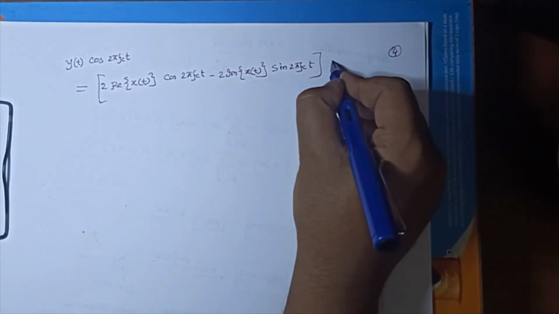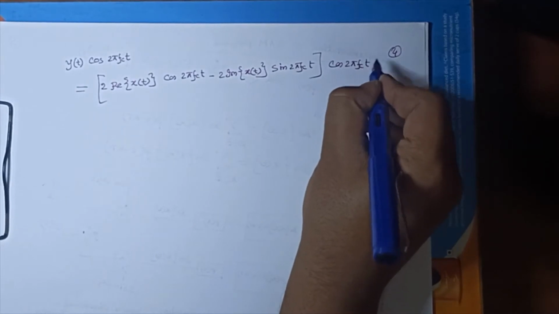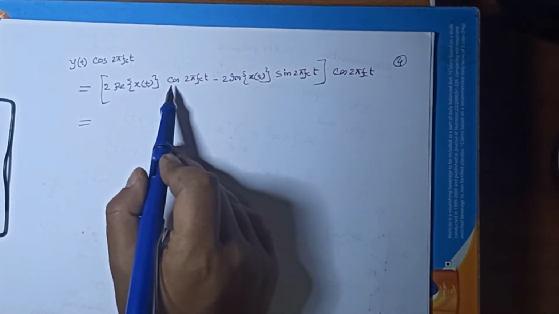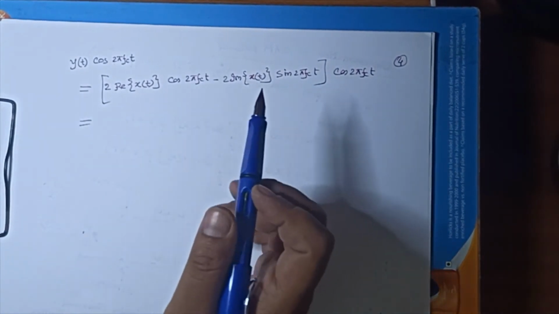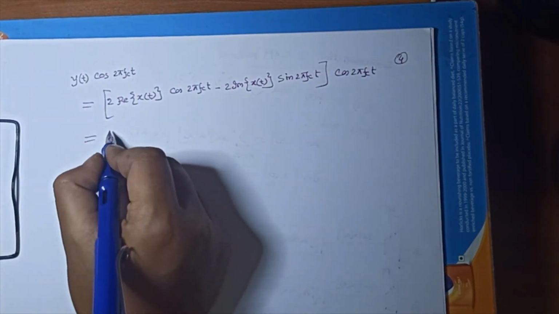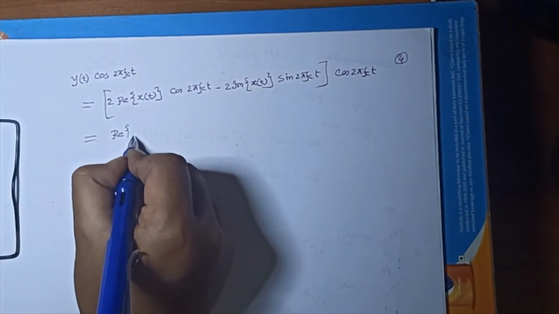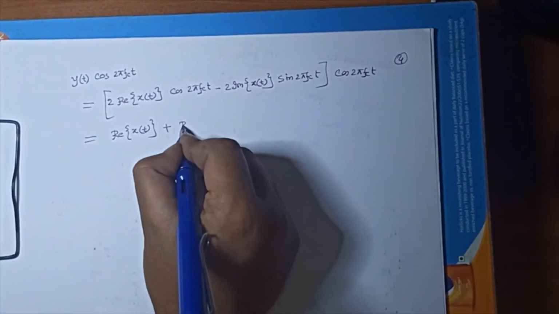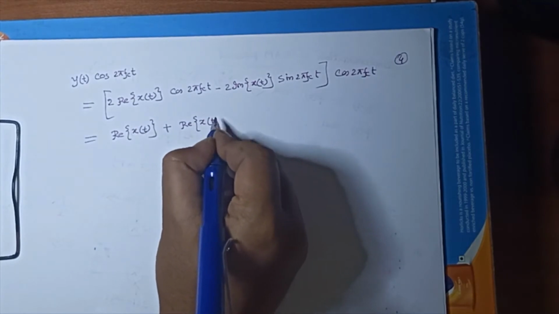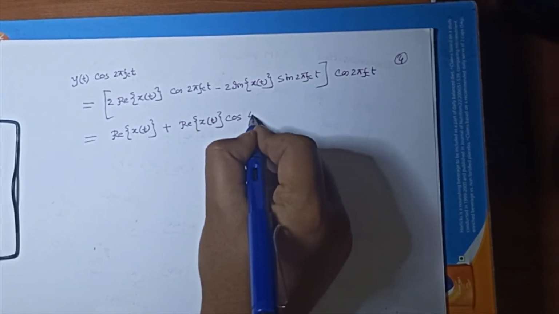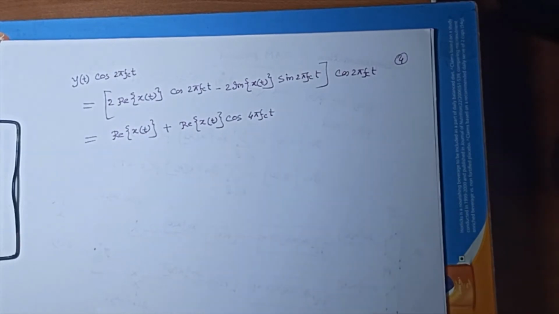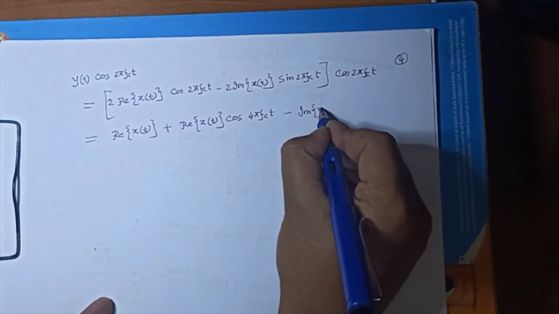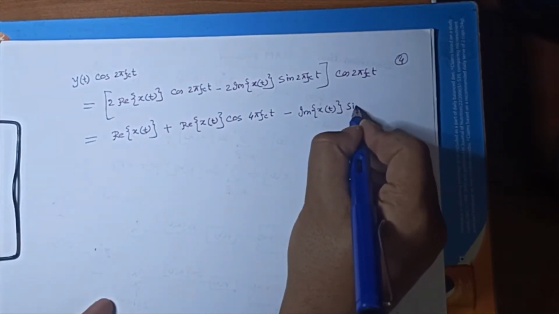Multiply the entire thing with cosine 2 pi fct. That will give you 2 real xt into cos square 2 pi fct. 2 cos square is basically 1 plus cos 4 pi fct. So the 1 gives you real of xt, the baseband signal, plus real of xt multiplied with cos 4 pi fct, minus imaginary of xt sine of 4 pi fct.